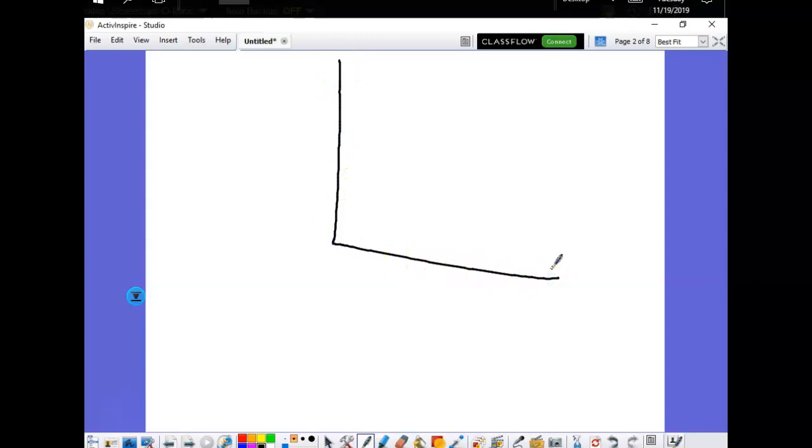Draw a graph. So let's go ahead and say that the x-coordinate of this point is c, and let's say the x-coordinate of this point is x.